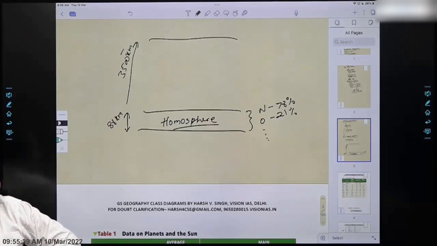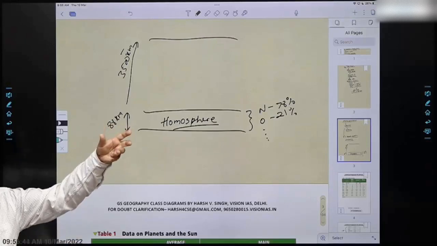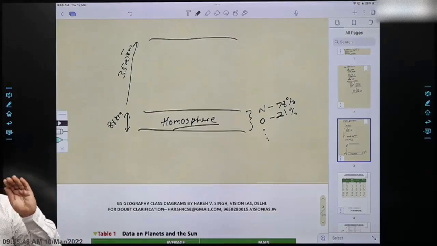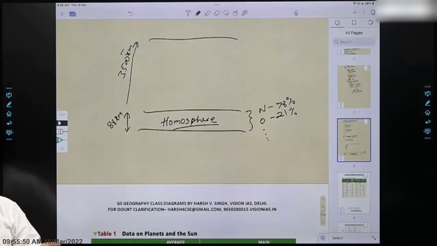Of the total gas present, right? If you take a bottle of gas in this region anywhere, in that, whatever the total amount, but always 78% will be nitrogen and 21% will be oxygen and carbon dioxide less than 1% and so on. ठीक है, is that okay?